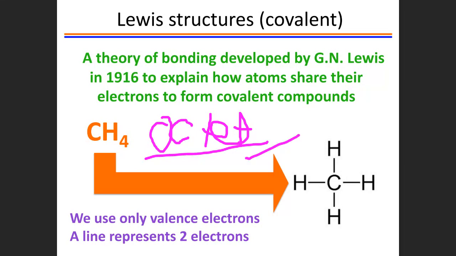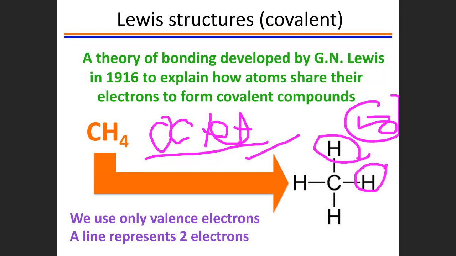So we know the octet. If the final shell has 8 electrons, then they get happy. Now the question is that there are some exceptions like hydrogen and helium. So what is their case? Because hydrogen has only one electron, correct? We know the first shell has a maximum of 2 electrons, 1s2, correct? So hydrogen can make only one bond with carbon or any other non-metal.